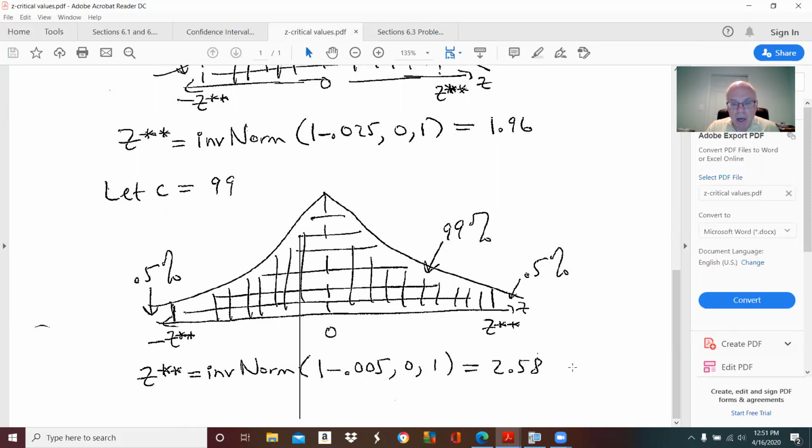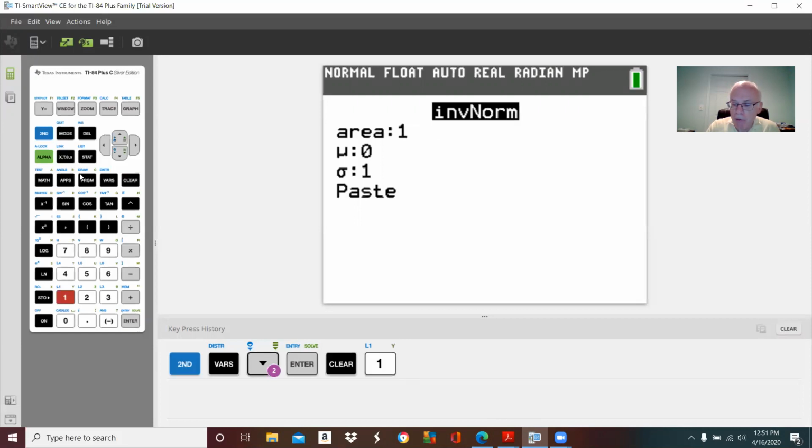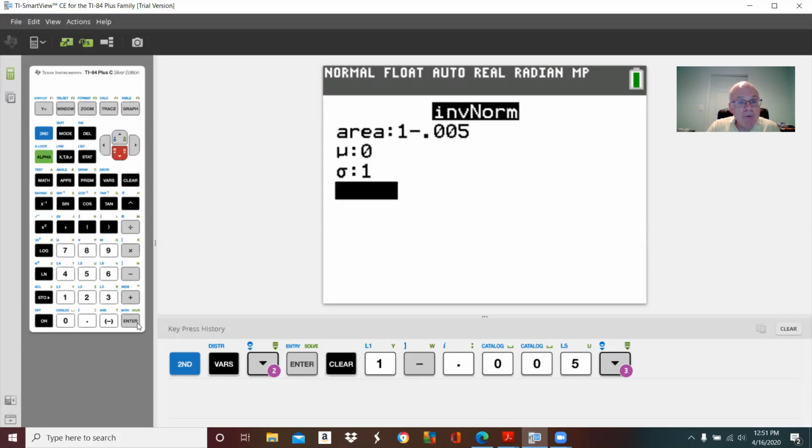And here I rounded it to 2 decimal places, but if you use your calculator, in this case I'm going to put 1 minus 0.005, scroll down and hit enter. And again, if you have an 83 calculator, obviously you have to put it in this order.